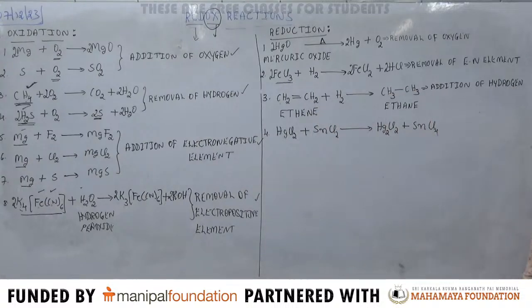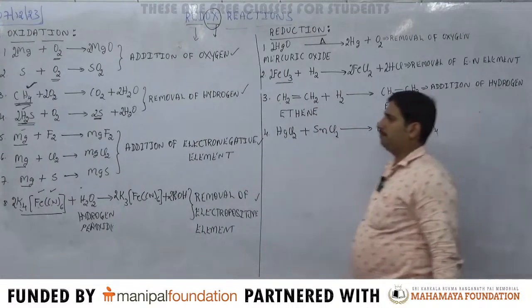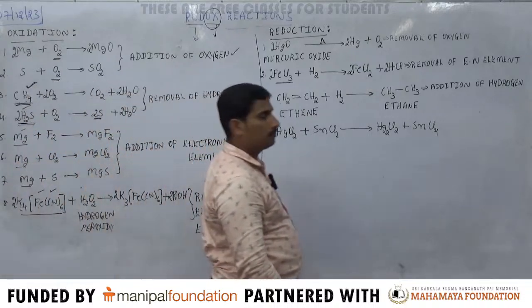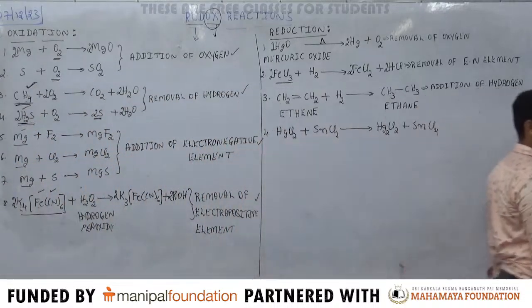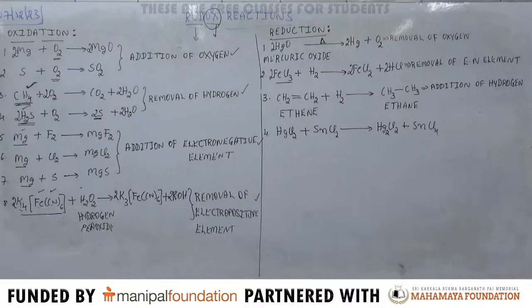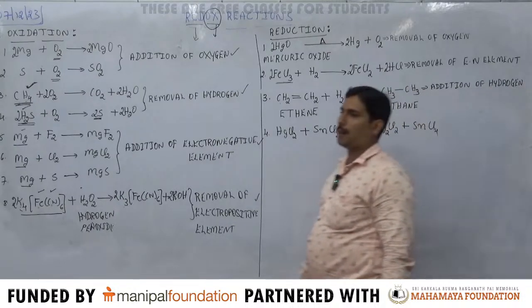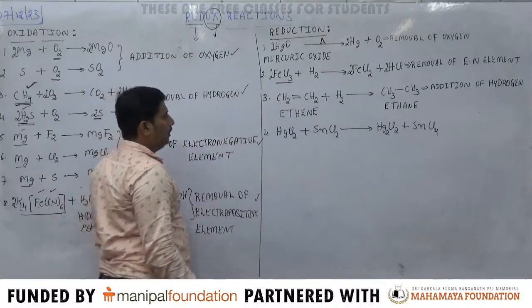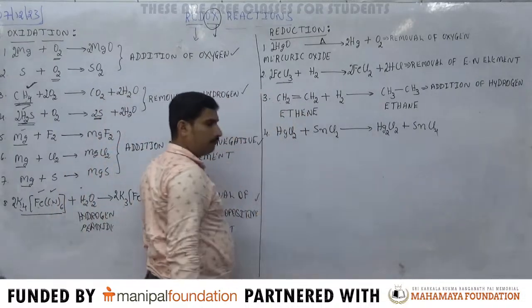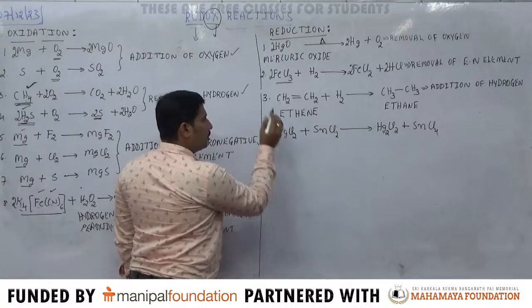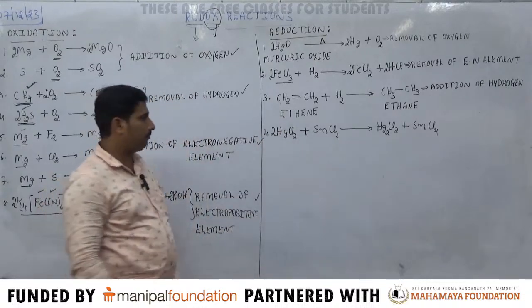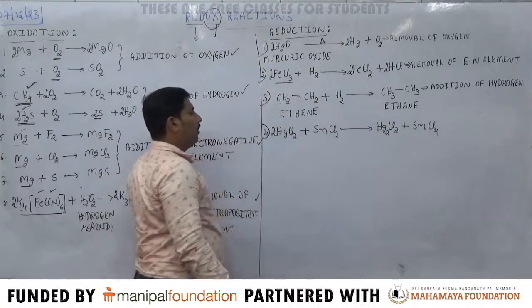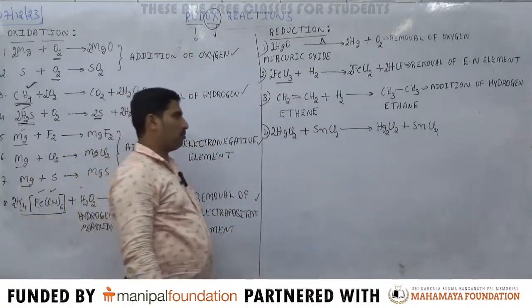SnCl4 over. Hg, here it is 2, here it is 1, so directly I can write 2 HgCl2, so Hg is balanced.